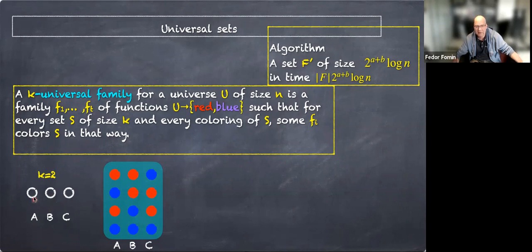Or if I take a coloring of A and C, A in red and C in blue, this exists in my table here and here. And you see that the number of these functions, even in this example, should definitely be larger than 4.